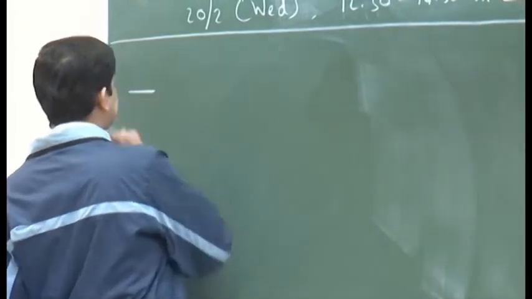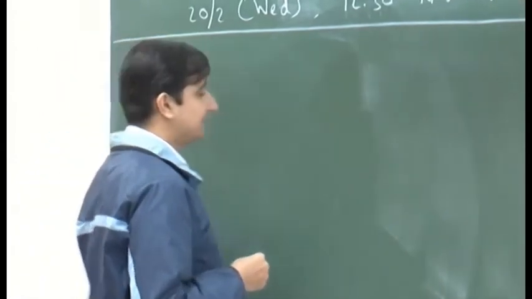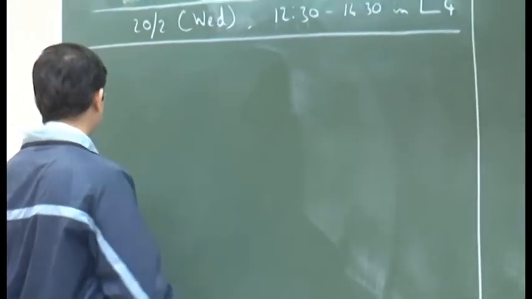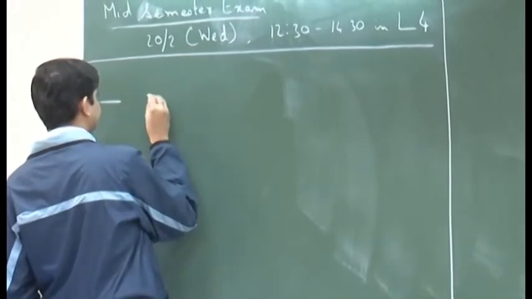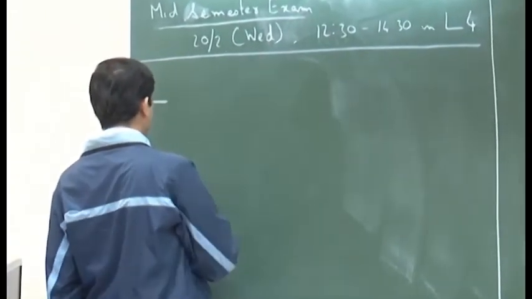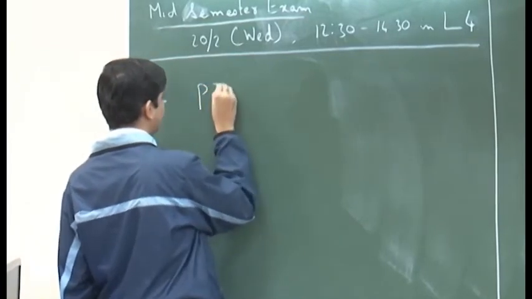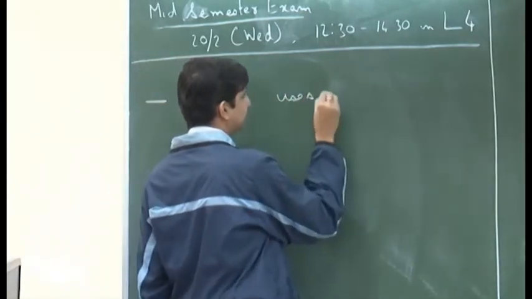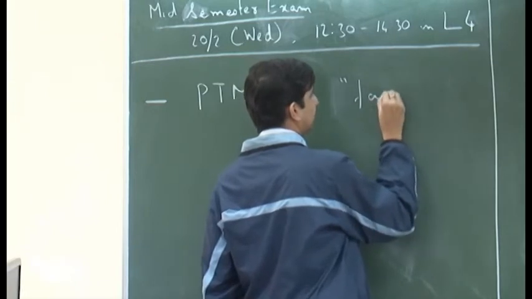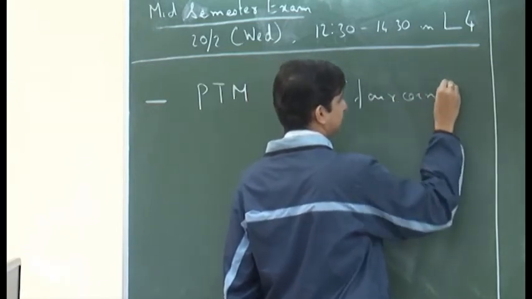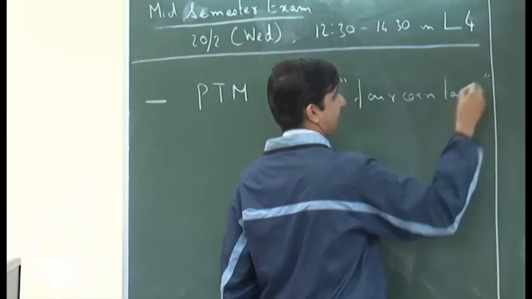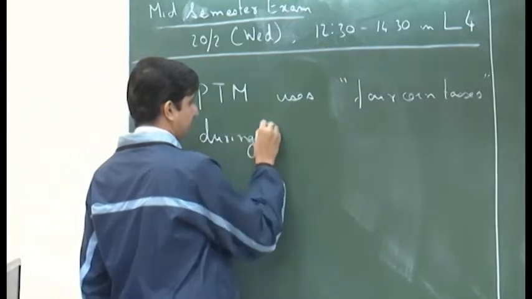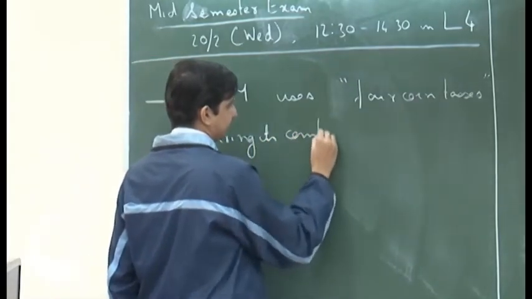Just to get a quick idea as to what a probabilistic Turing machine is and how it differs from the kind of machines that we have seen so far. A probabilistic Turing machine, in short PTM, uses fair coin tosses during its computation.